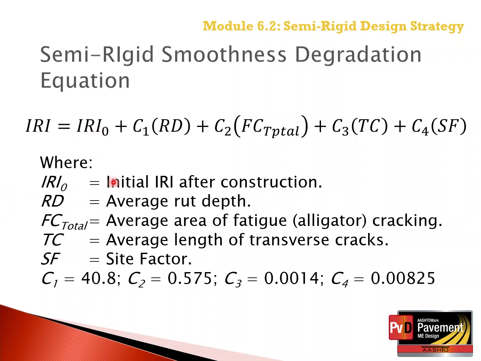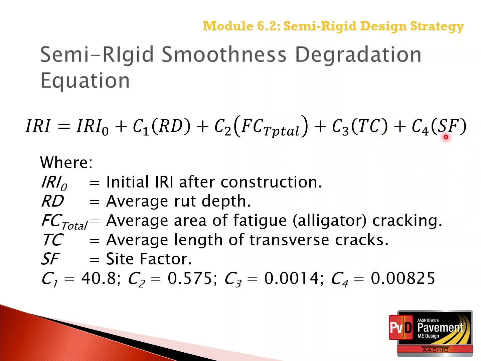The IRI initial is the IRI after construction. The rut depth is the total rut depth measured or predicted at the surface. The average area of fatigue cracking is the total area of fatigue cracking, reflected plus new fatigue cracks. And transverse cracks is the total transverse cracks, both reflective as well as new transverse cracks in the semi-rigid pavements.